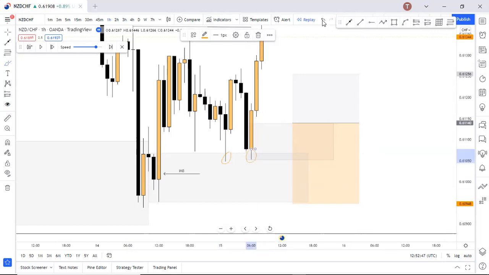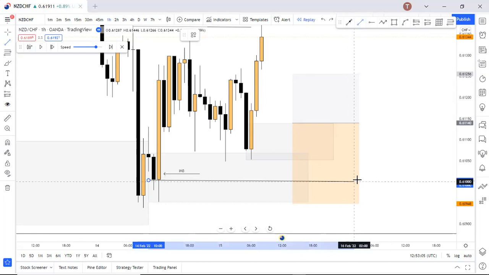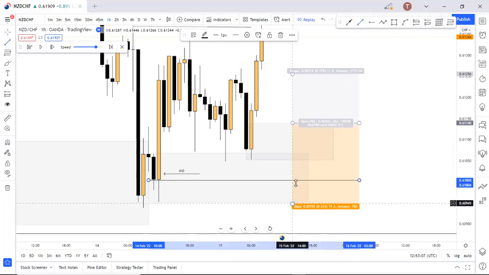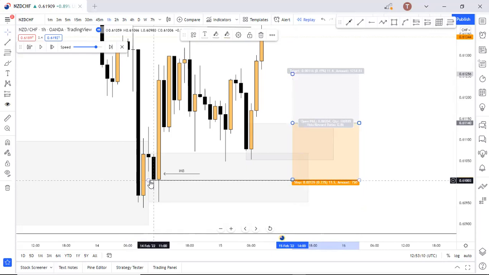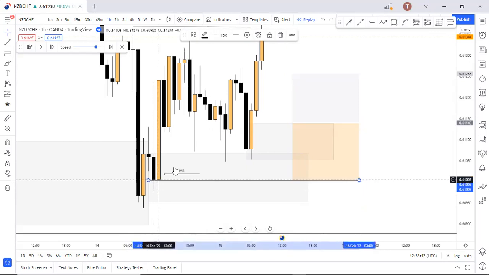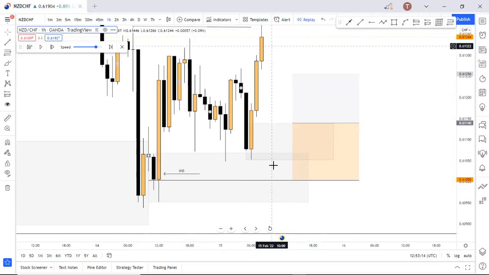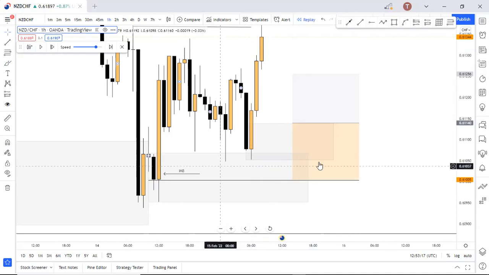So seeing this, I decided, okay, fine, looks like this has been mitigated on the 1 hour time frame, but on the 30 minutes, 15 minutes time frame, we had imbalance there. So in order to be secured, I decided to put my stop loss just at the body close of this demand zone, just in case the market will tap deeper below my stop loss that I originally had.